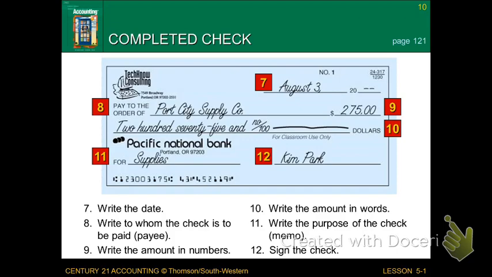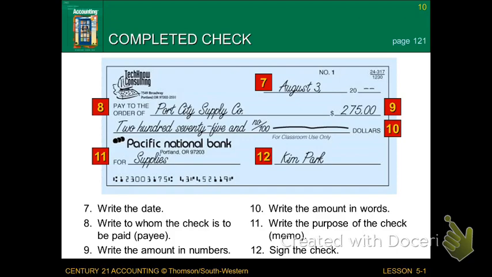And so this check was written on August the 3rd of 2014. Paid to the order of. This is right below the date. Paid to the order of. And you want to write the check to who the check is to be written to. This is the payee. And so this check is being written to Port City Supply Company. So that's the person or the company that we're giving our check to.